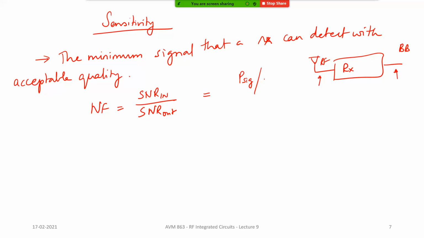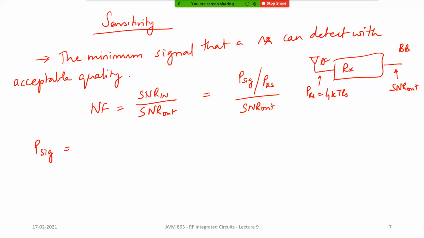You say signal power divided by PRS, which is basically the source impedance power, and SNR out. So PRS, we know it is 4kTRS, or radiation resistance of your antenna, and SNR out is basically here, correct. Let's just rearrange some terms.